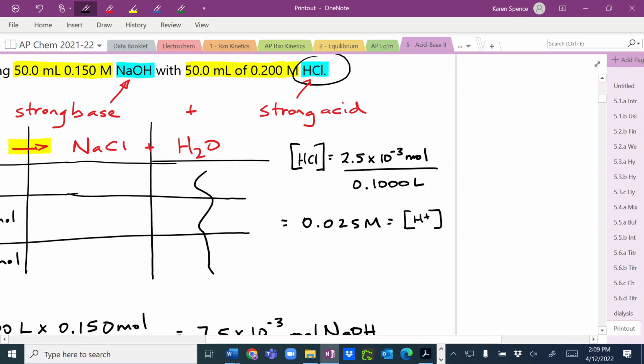And so now we have, what was it? pH equals negative log of H plus equals negative log of 0.025, which is 1.6.